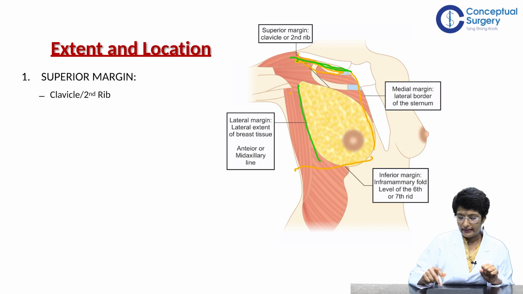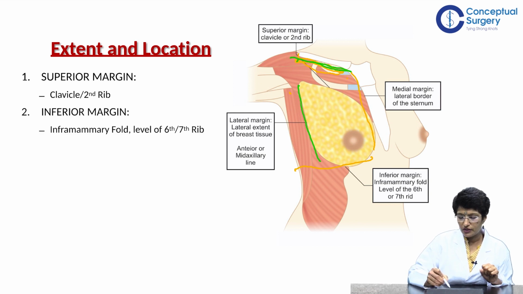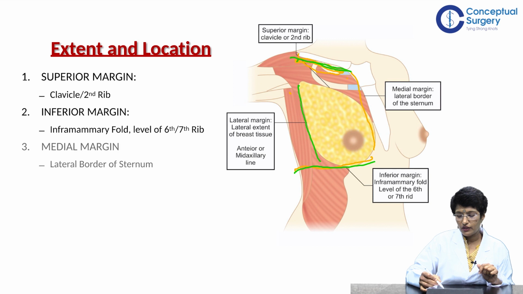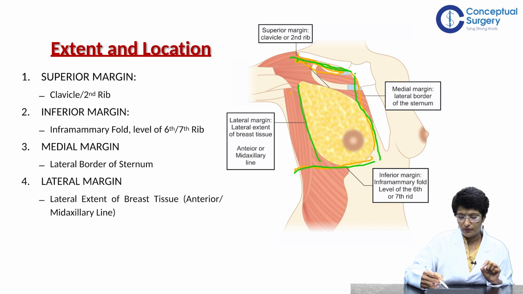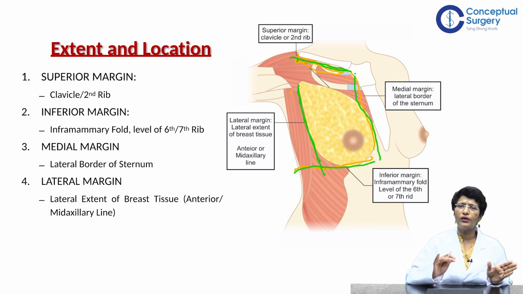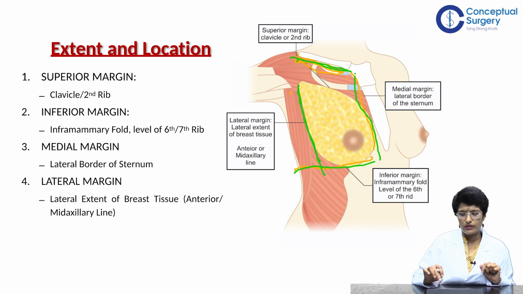The inferior margin is the inframammary fold and corresponds to the sixth or seventh rib. The medial margin is the lateral border of the sternum. And the lateral margin is the lateral extent of the breast, which corresponds to the anterior axillary line or the mid-axillary line. So that is what it is.